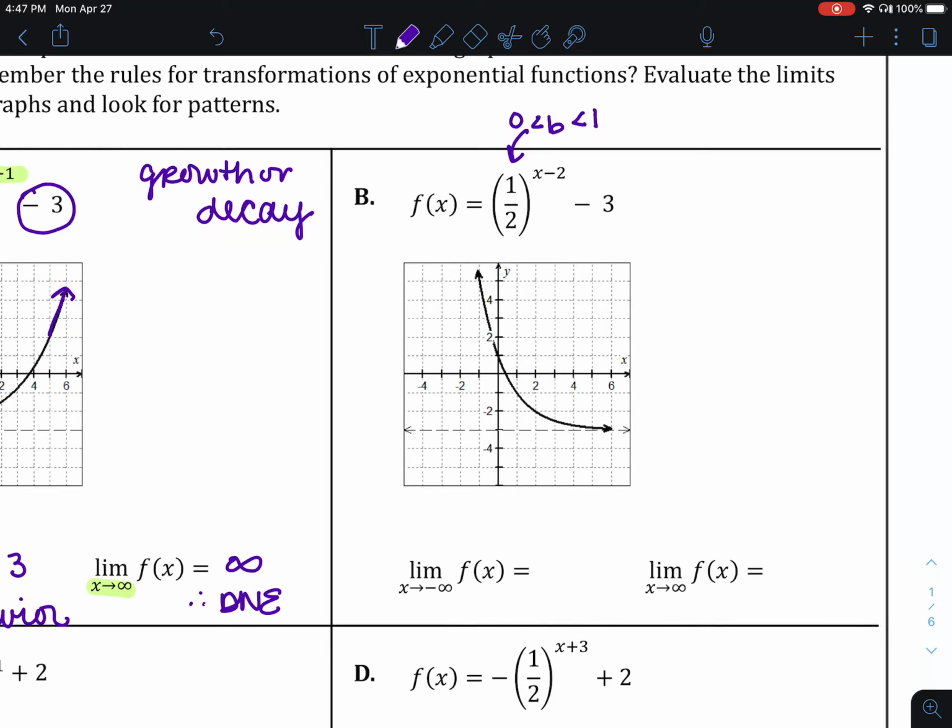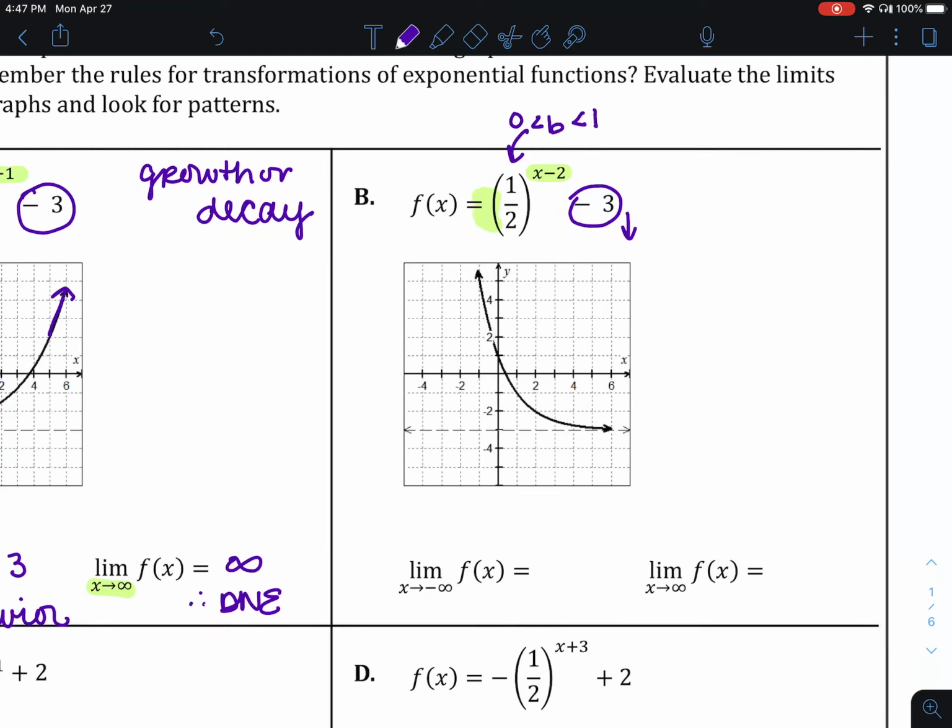We can also see that we have a positive x term up here and a positive base, so we're in pretty good shape. Now, after seeing the first example, I hope that we notice the -3, which would mean one of our end behaviors is going to be at -3.